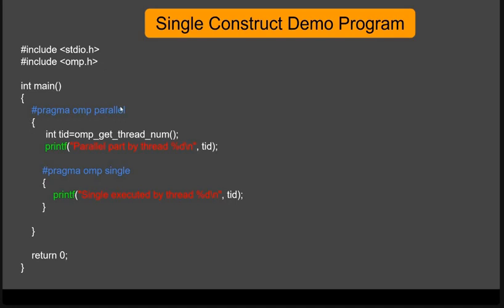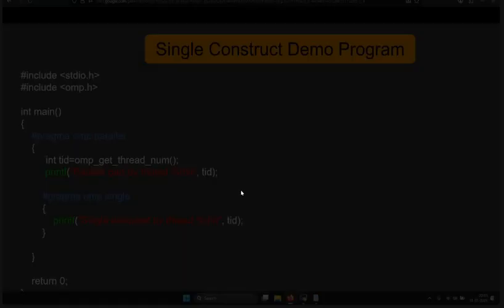Why am I doing this? Because it's to show you how omp single actually works. It will tell me how many threads were created, and then I've put a pragma omp single statement, after which I've put another print statement. So it will tell me how many threads executed this printf, single executed by thread. So let's look at the live demo.